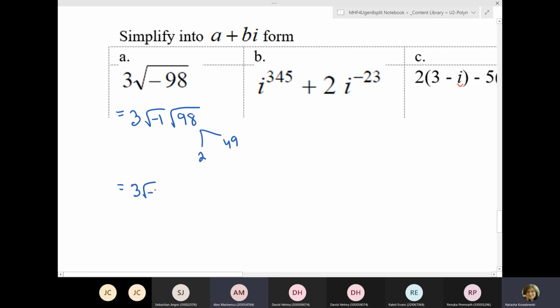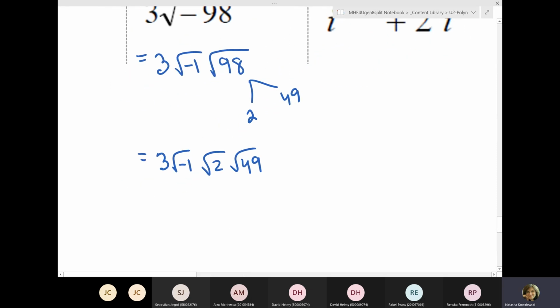So I'll write it out like this for you. Now, 49 can change into something. What, Alex? Square root of 49 is? Issues with the mic, probably. 7. So this one becomes a 7.